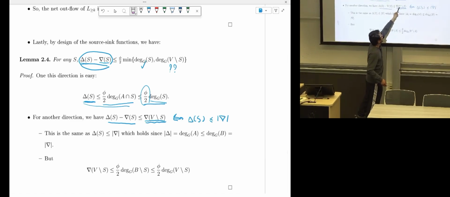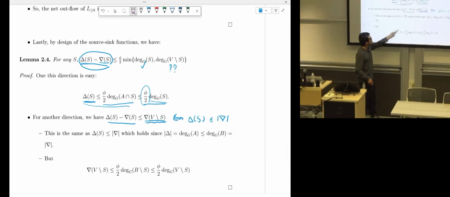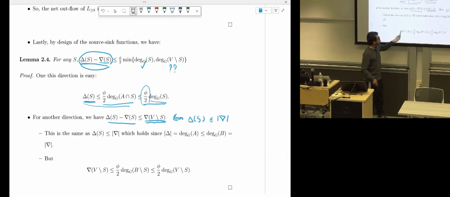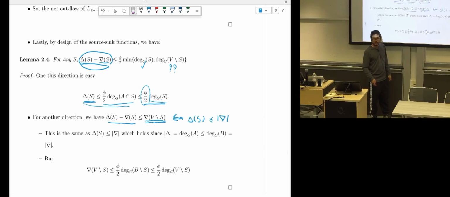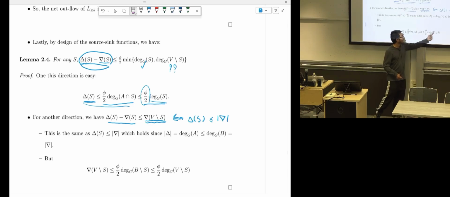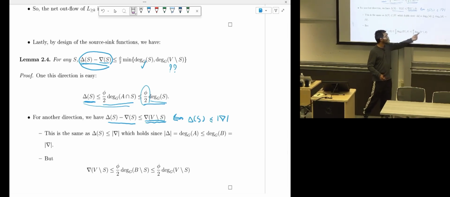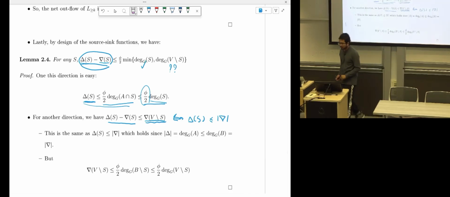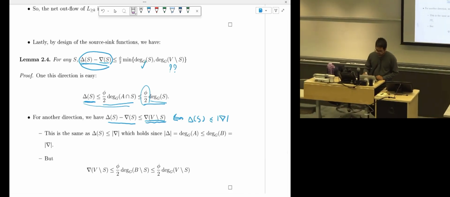And now we can bound this thing like before: the total sink outside S is at most the degree of B minus S, scaled down by phi. So just the sink capacity restricted to B, which is at most the whole graph. So we are done.